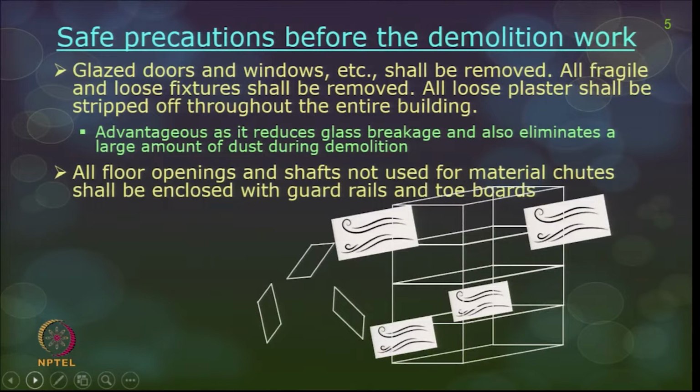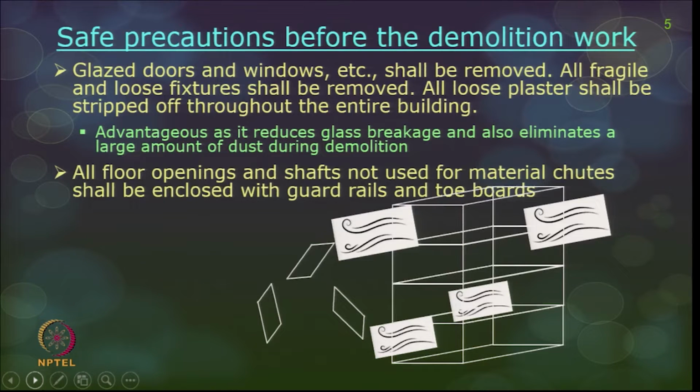Okay. Again some more safety precautions. If there are glazed doors and windows or any sashes, they should be first removed, because all these fragile and loose fixtures may be a very great hazard, especially when you are doing the demolition. There can be a great hazard even to the public.